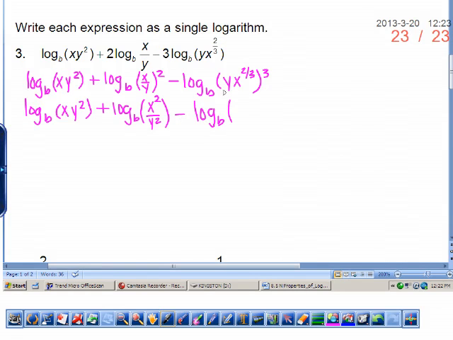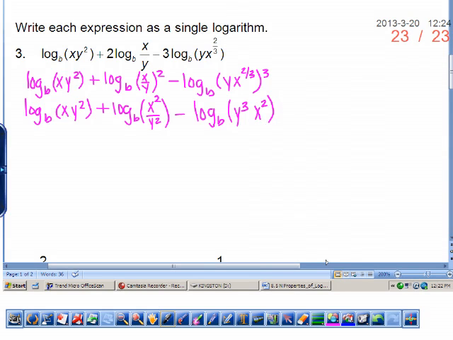If I want to cube y times x to the 2/3, I have to distribute that power. So this is going to become y cubed. And then what do I do with 2/3 and 3? Multiply them, because when you have a power to a power, you multiply. So 2/3 times 3 is what? x squared. Everyone okay with that step?